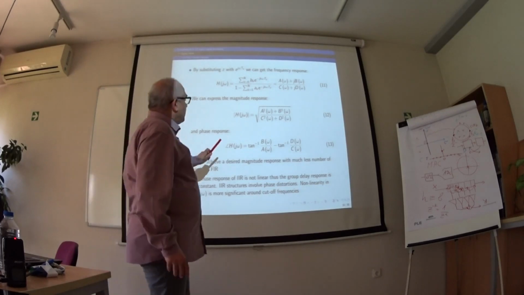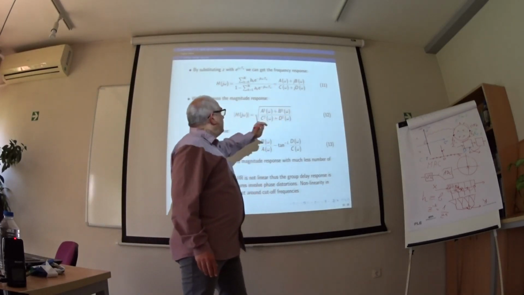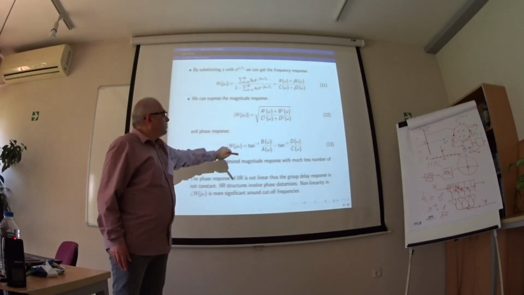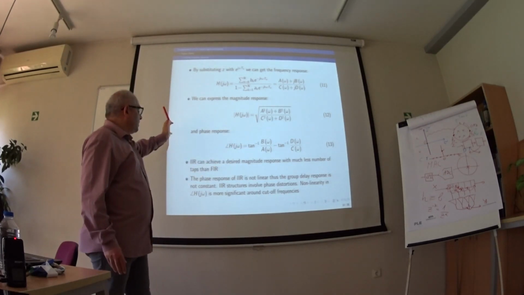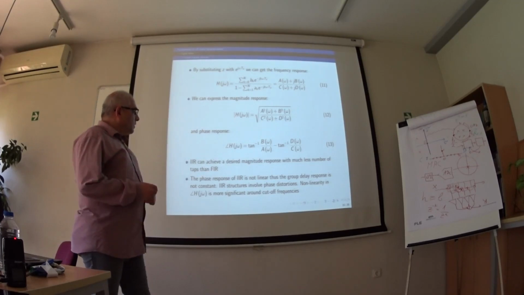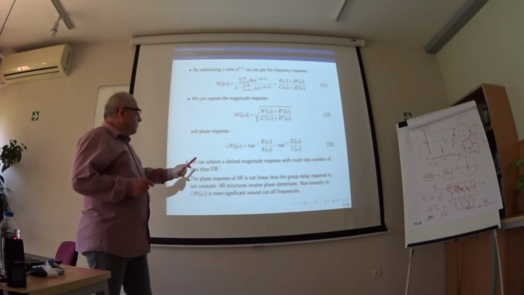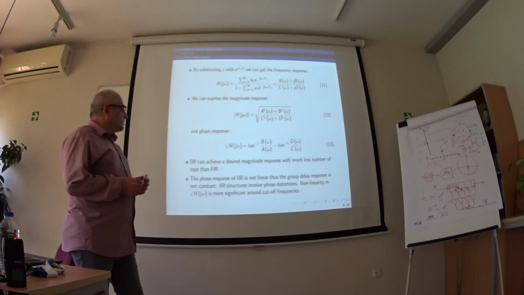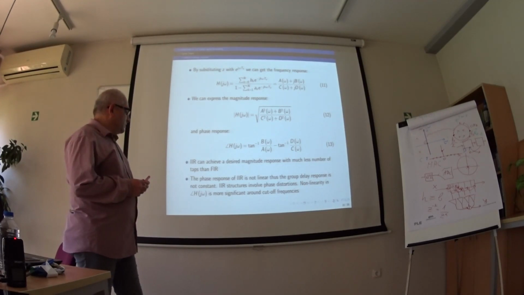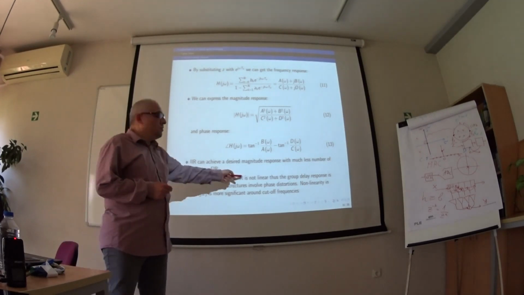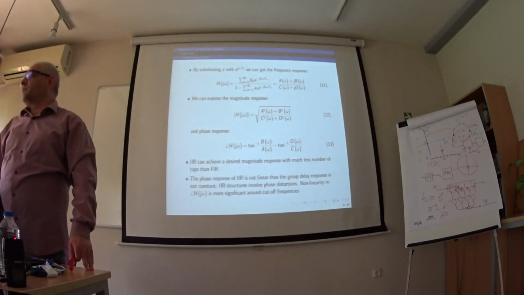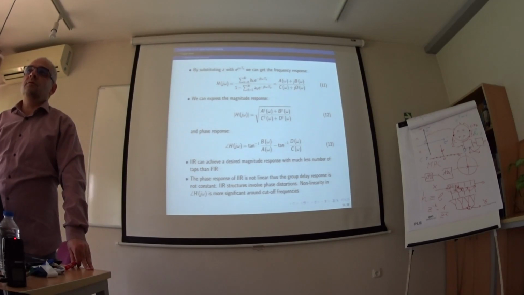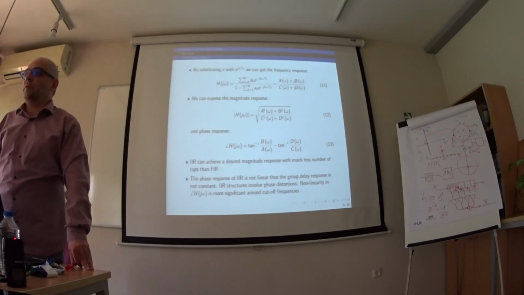Here we have numerator and denominator. We can find the magnitude response and we can find the phase response. Very clear, I think. And we can achieve a desired magnitude response with a much smaller number of taps than the FIR structure. But here we have nonlinear phase response. That is the problem. Sometimes it is not very important, but sometimes it is a very desirable property.